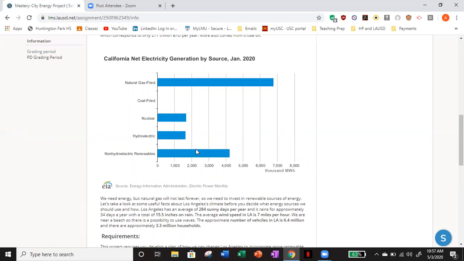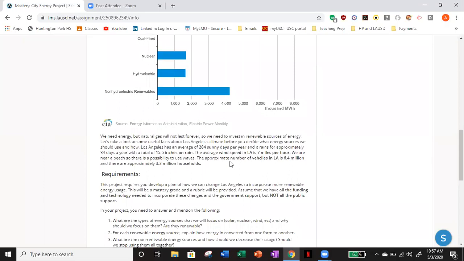Think of Los Angeles. There's approximately, I have here, 6.4 million vehicles in Los Angeles. The majority of them, I'm going to say even probably 90% of them, are cars that use gasoline.